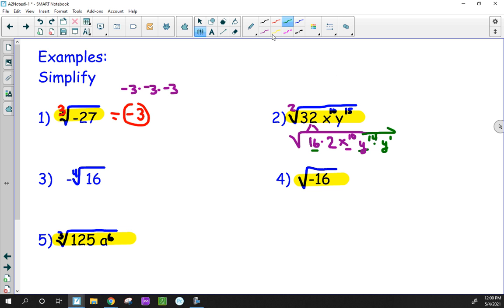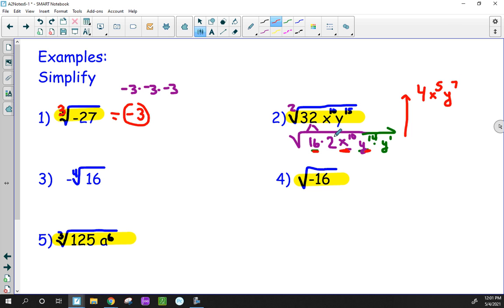You again are underlining all the parts that simplify. So you're going to underline 16, x to the 10th, and y to the 14th. Those parts simplify, so you're going to pull that out. And your answer should be a 4. And then the square root of x to the 10th is going to be x to the 10 divided by 2, which is 5. y to the 14th, 14 divided by 2 is 7. y to the 7th will be part of your answer.